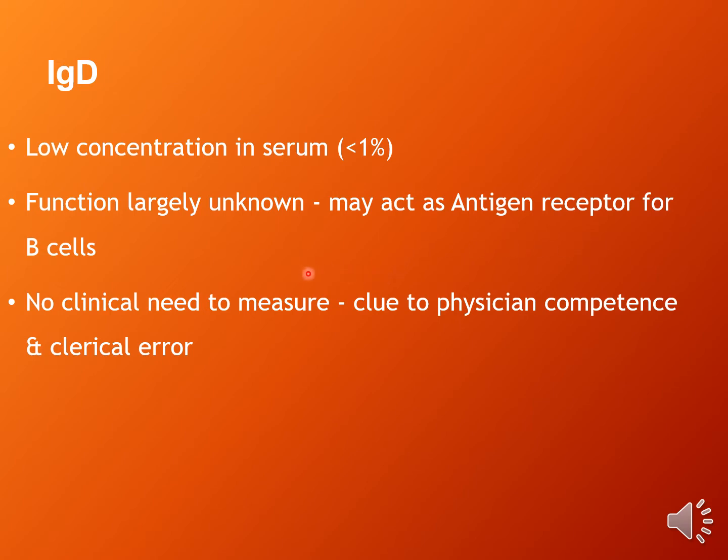Because we don't really know anything about this IgD, it is not a very useful parameter. No need to measure clinically, as it would not help the physician to make any wise decision.